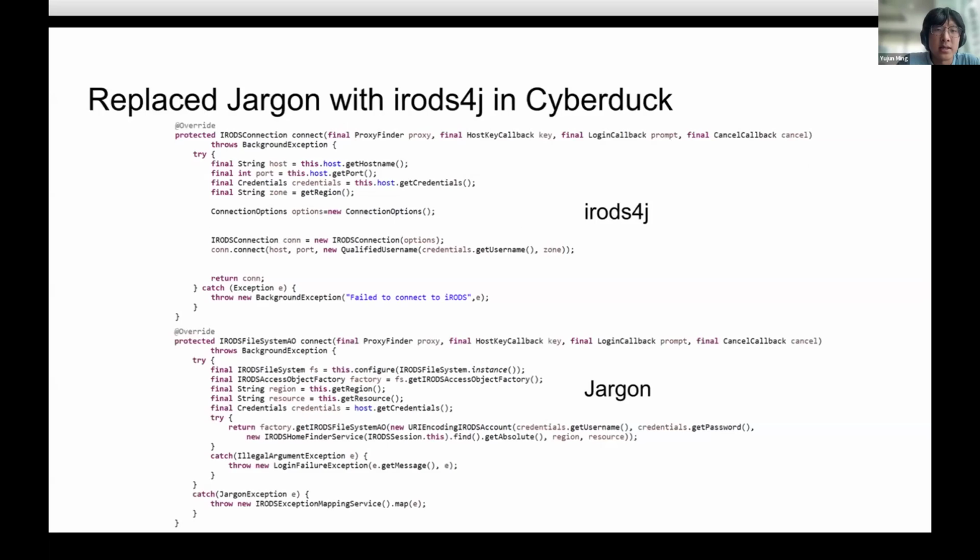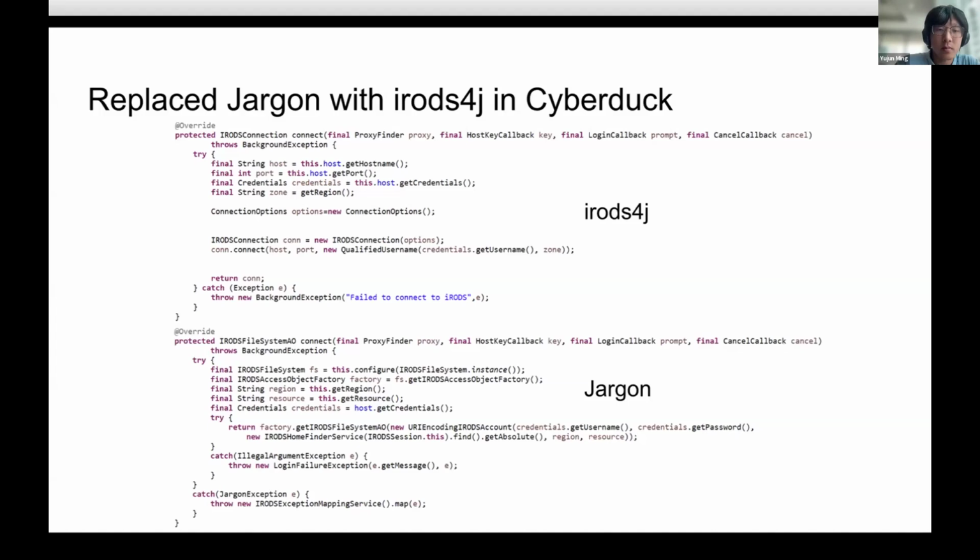First, as we can see from the code of irods4j and Jargon, we can see how different these two APIs are. In irods4j it is handled by the iRODS connection, whereas in Jargon it is handled by iRODS file system access objects. The iRODS connection implements the Java AutoCloseable interface, which makes it more fundamental, easier to access, and easier for everyone to understand when we are refactoring the code.